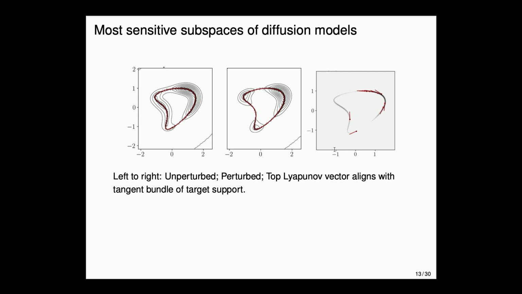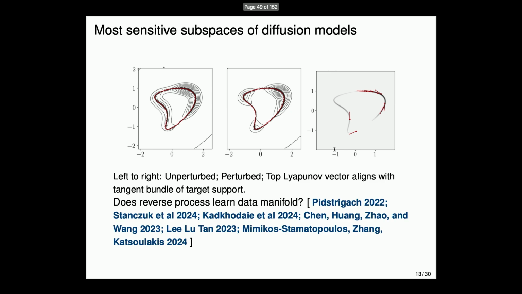Okay. So you can immediately connect this to several different works that have asked similar questions. Do diffusion models learn the data manifold? They have taken various different approaches. In this work that Seating also mentioned, they look at what leads to memorization of the samples and what leads to sampling exactly from the support of the data distribution, the empirical distribution.